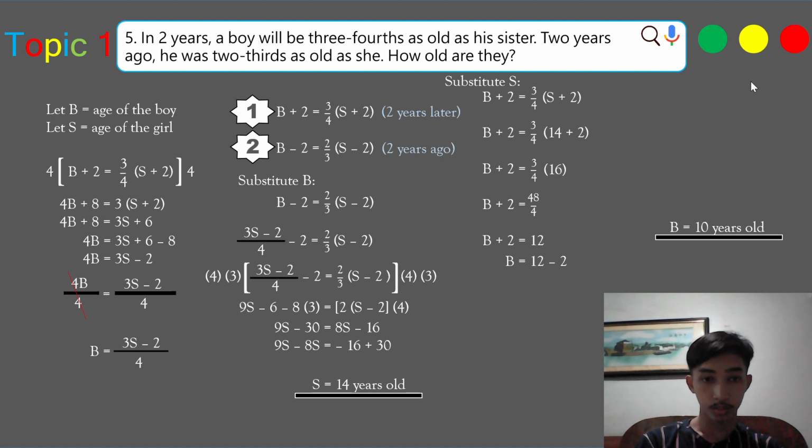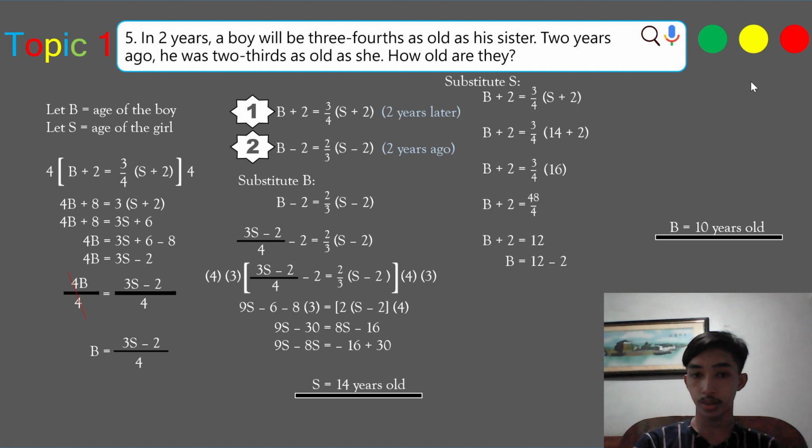So S is equal to 14 years old, because 9S minus 8S is equal to S, and negative 16 plus 30 is equal to 14.